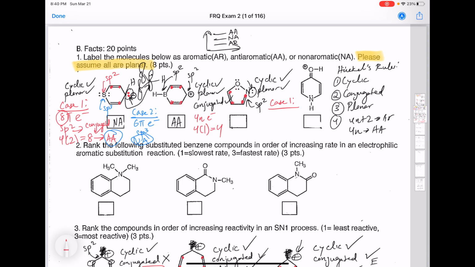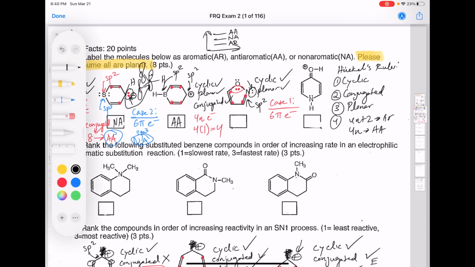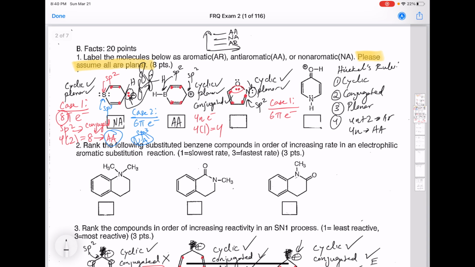In case 1, let's treat this pair of electrons as part of the pi system, right? So that means that in total there are 6 pi electrons. And if this is part of the pi system, then there are only 3 localized electron domains on that oxygen, right? 1 from the lone pair and 2 from the 2 single bonds that are attached to the oxygen. So if there are 3 electron domains in that scenario, we would have an sp2 configuration on that oxygen. So it is indeed conjugated.